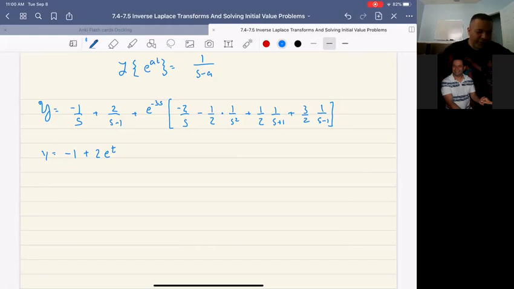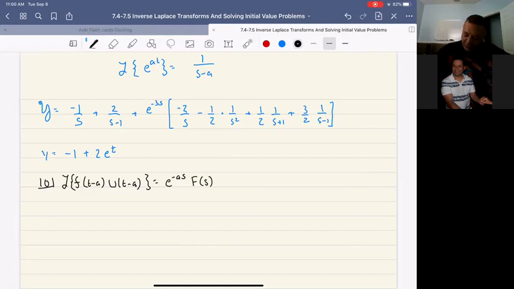Now, one of the Laplace transforms you have is f of t minus a times u of t minus a. This is number 10 in the list. The Laplace transform of it is e to the -as times F of s. So this is the one we're actually using. What does this mean?